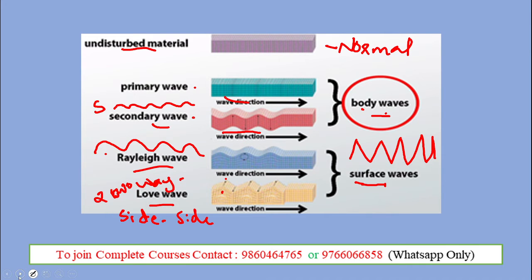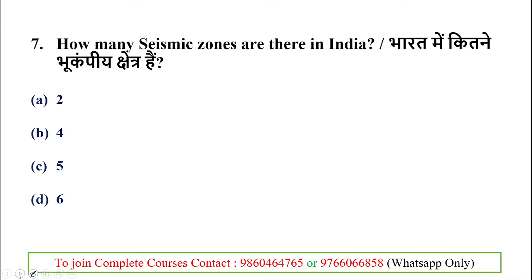Clear? Then next question: how many seismic zones are there in India? Seismic zones are the zones related with the influence of the earthquake on land. Clear. So the seismic zones measure the tendency of an earthquake to cause destruction on the land.